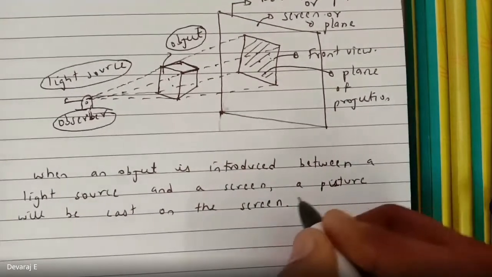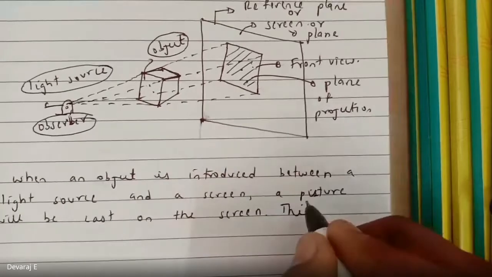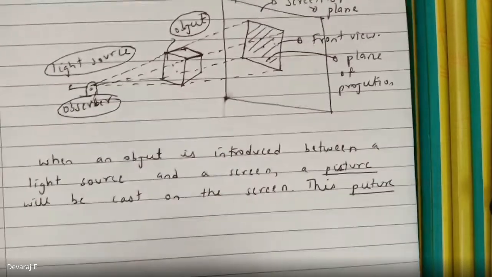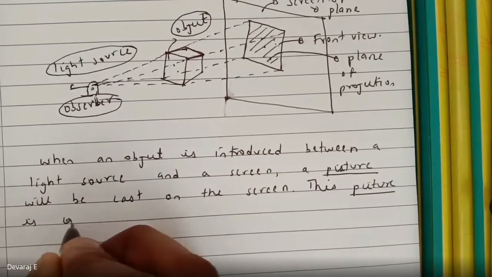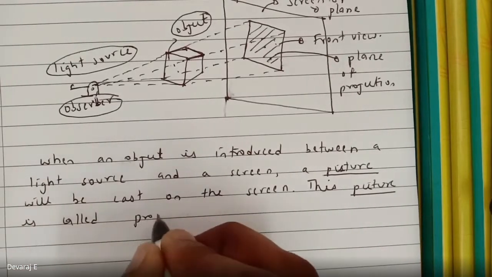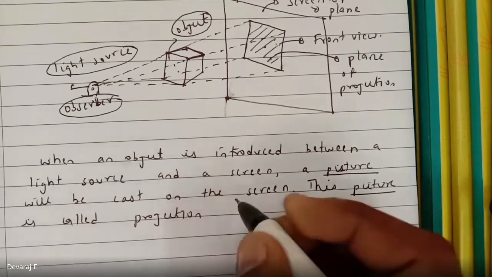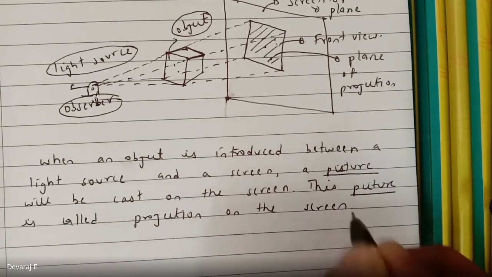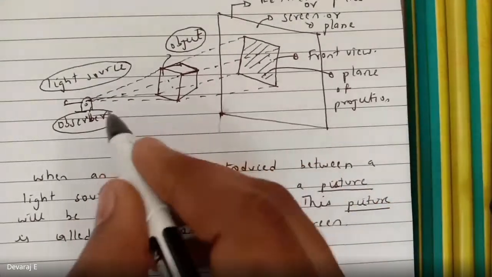So this picture is called the projection on the screen. Okay, so what is this called, students?